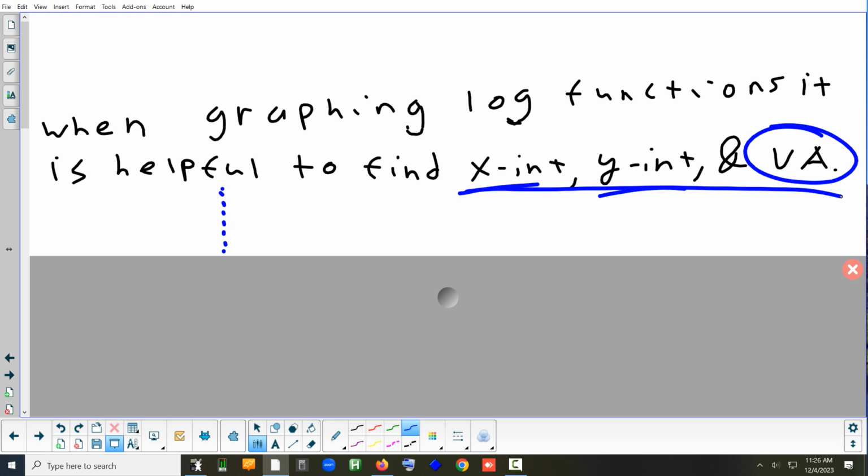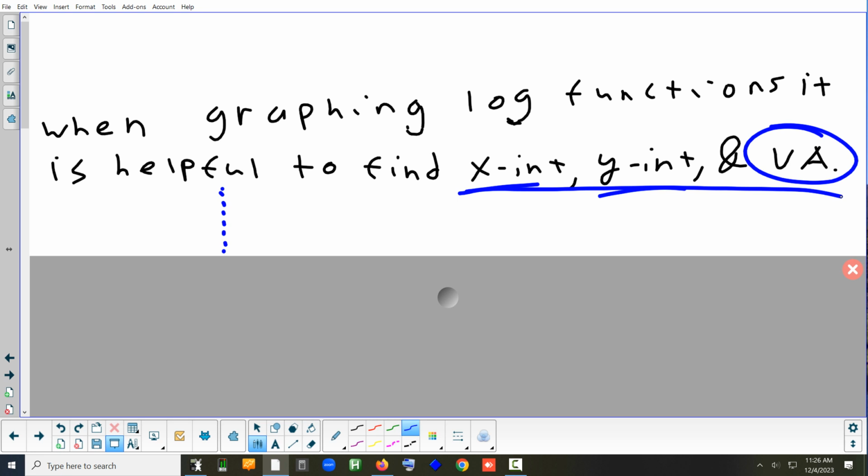Anyone else have a thought? Yeah? Well, we don't know exactly a value, but we do know that we're going to always have a what in a log function. Think about it, a continuous function goes up and down forever.